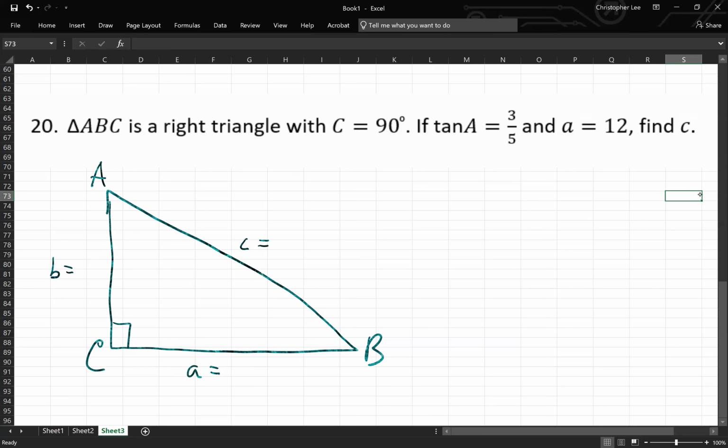Going back to the question now. Tan of A is equal to 3 over 5. And we said tan was what over what again? Opposite over adjacent. So tell me what that's going to mean in my triangle. Good. How do I find C?